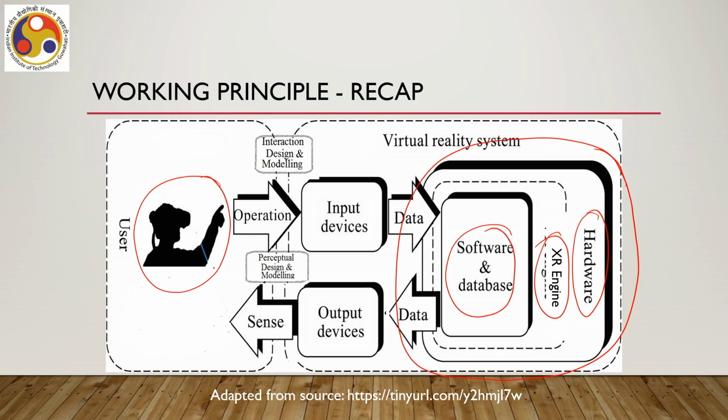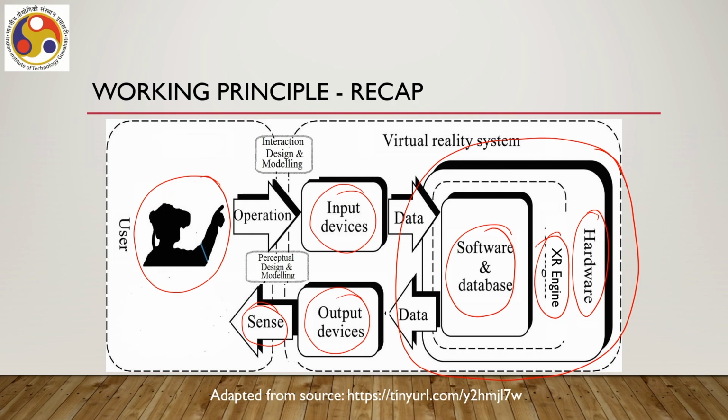The user and the system interact through input devices. So, the user provides input and the system provides output to the user through output devices. The output that is generated is to be sensed by the user.